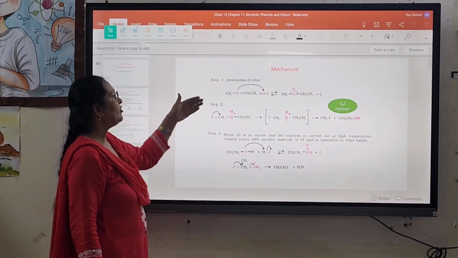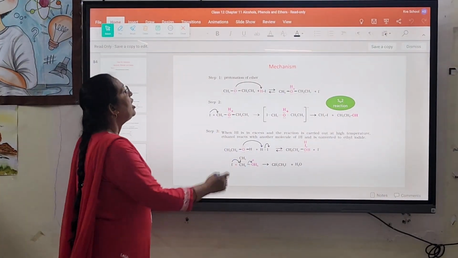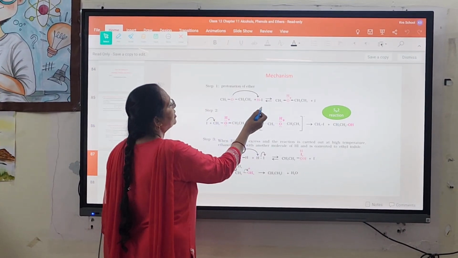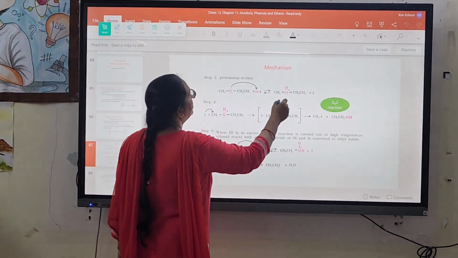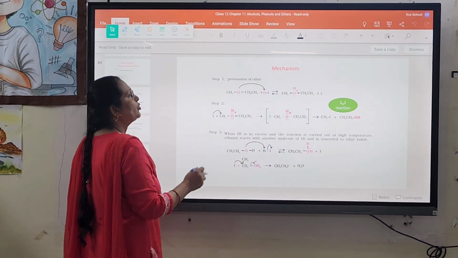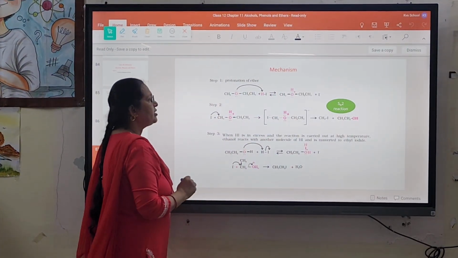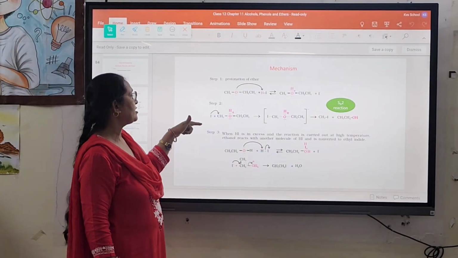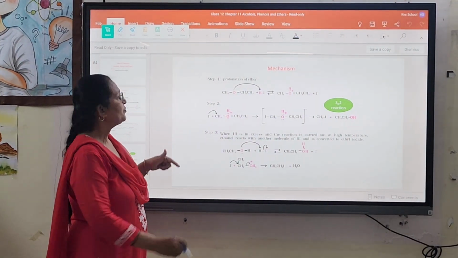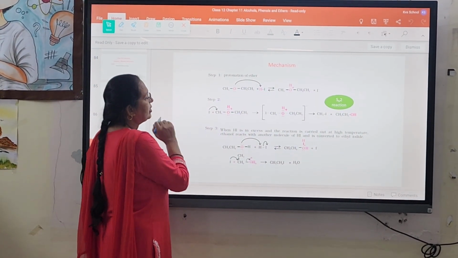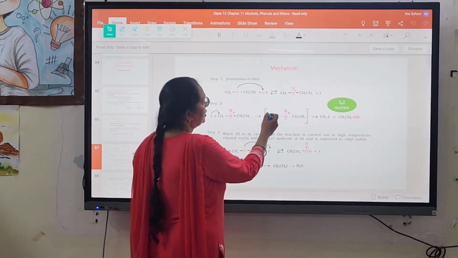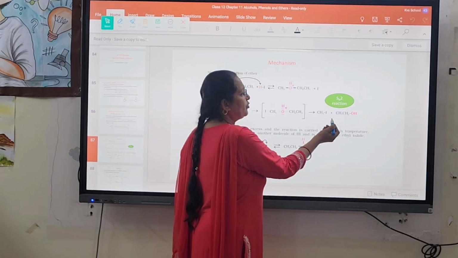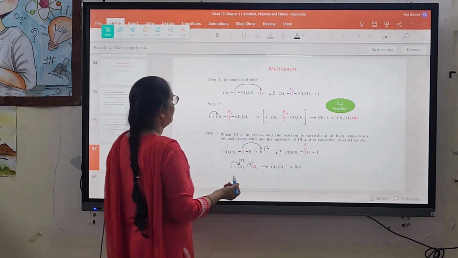Again there are three steps. Number one is the protonation of the ether by the HI. This is a reversible reaction and the oxonium ion, or protonated ether, is formed. In step 2, the SN2 mechanism, the iodide ion attacks the protonated ether from the back, the intermediate is formed, and methyl iodide and methanol are formed.